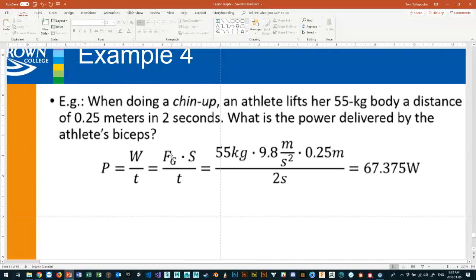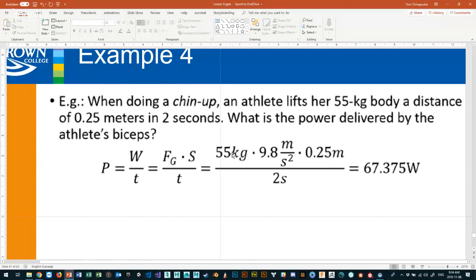Times cos of theta. But remember, the motion is going up and down in this case, so we don't have to calculate cos theta, because it's moving along the same axis as the force.